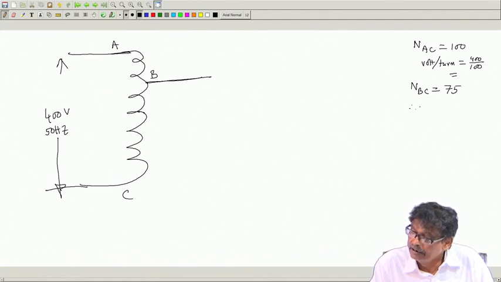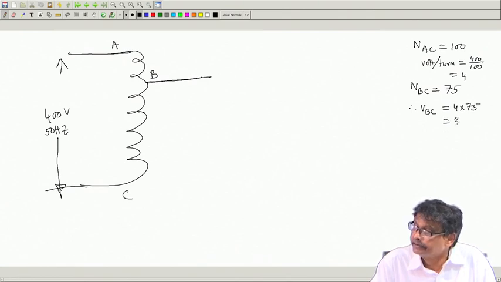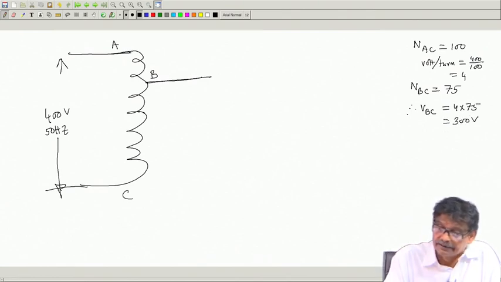Therefore, I will immediately calculate V B C, the voltage available between these two. This was 4, so 4 into 75, that is 300 volt I will be getting.